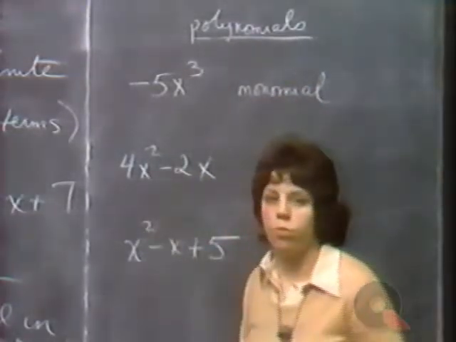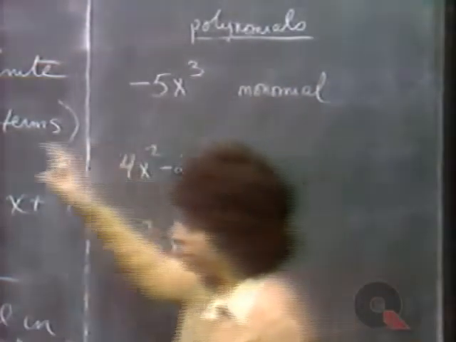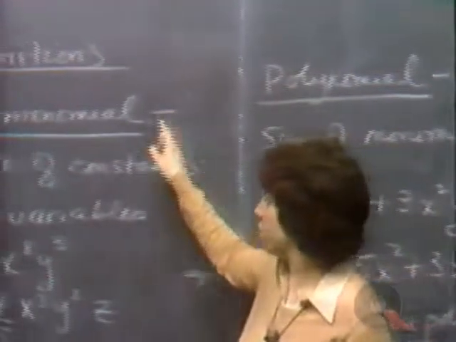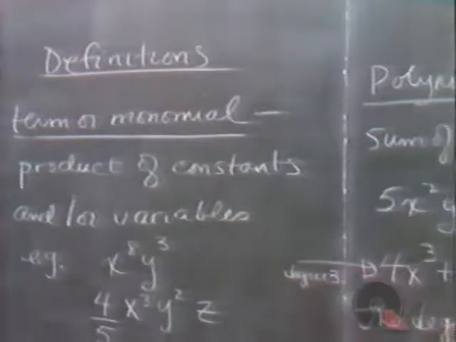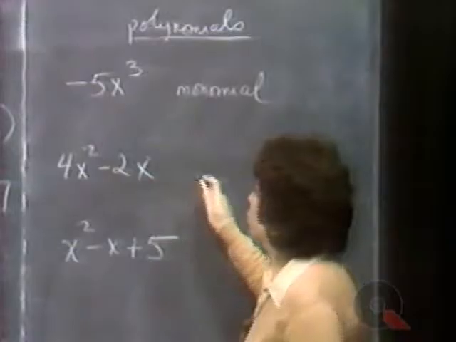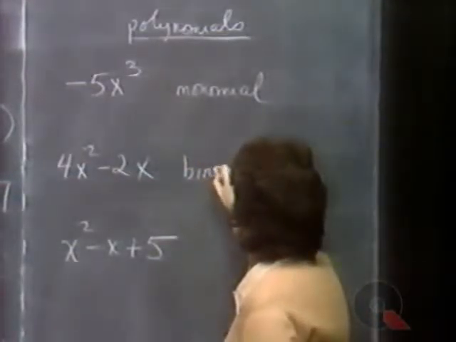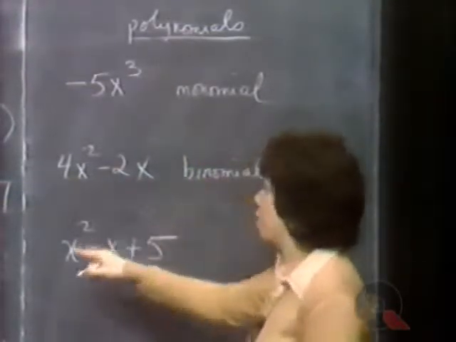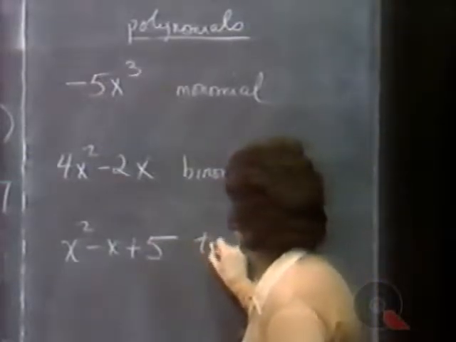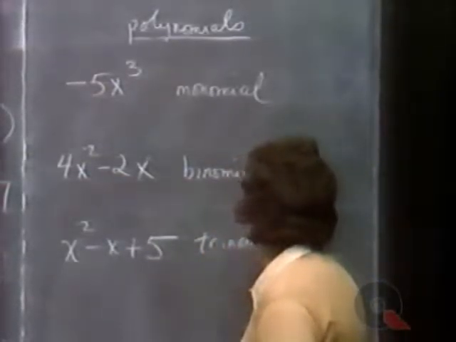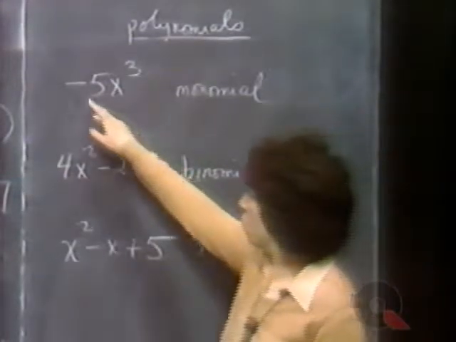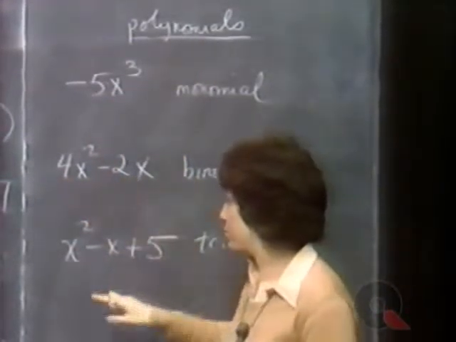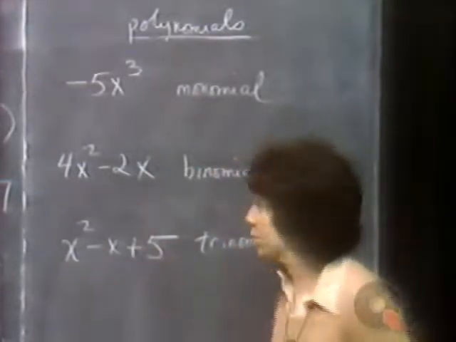It's a polynomial with one term, because after all, a term or a monomial is a product of constants and or variables. If your polynomial consists of two terms, we call it a binomial. And three terms, a trinomial. This is one term. Here we add together two terms. Here we add together three terms.